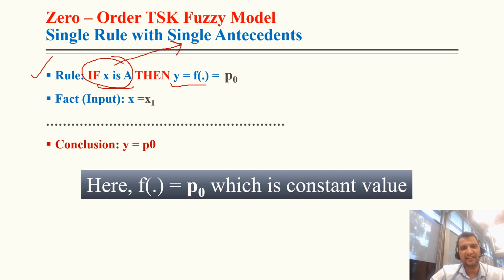This is the function, but because it is of zero order, this will be equal to p0, and p0 is a constant. Now we want to calculate the output when the input is x equal to x1.